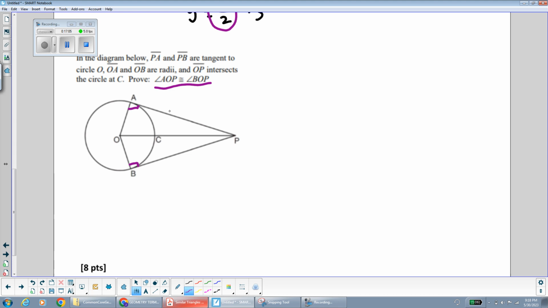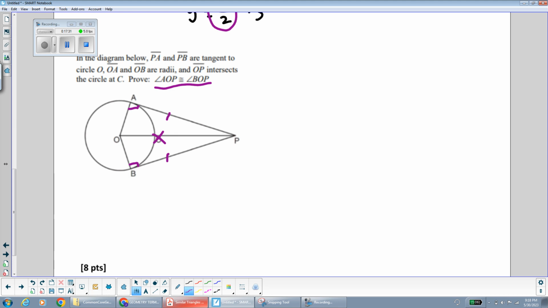Using what we had before about the tangents from the same point being congruent, and about all radii in a circle being congruent, we also have SAS. And last but not least, you could also use HL.